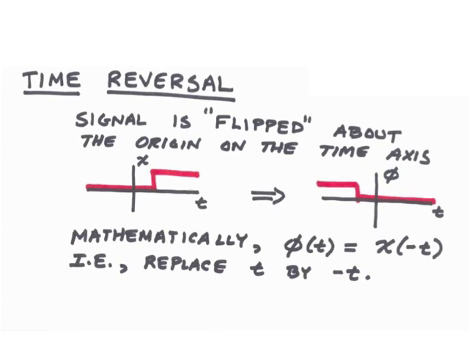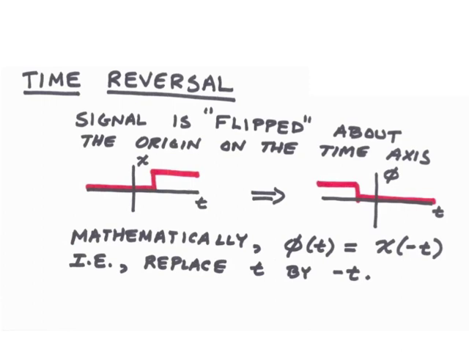So now we'll move on to our last signal operation, and this is time reversal. In time reversal, we simply flip the signal around the origin on the time axis. So for example, if we look at x here, we see what looks like a step signal, except it starts at some positive value of time.